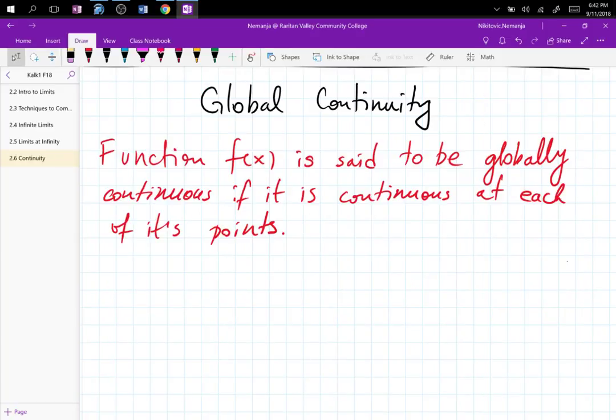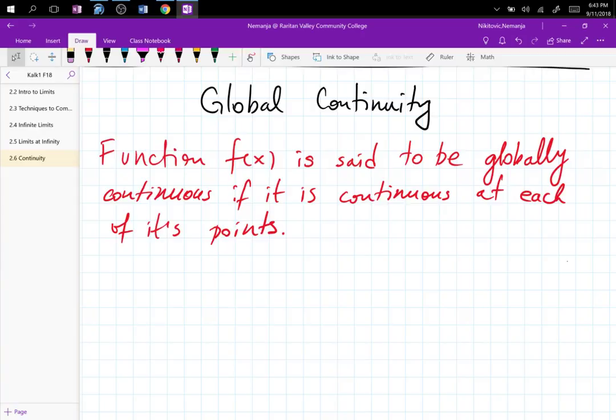We have a slight problem here. How many points do you have to check? Infinitely many, exactly. And then you have to check all three rules, so it's like 3 infinities, which is highly impractical because we all have an expiration date.